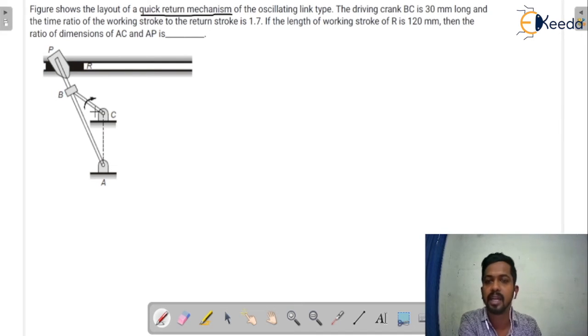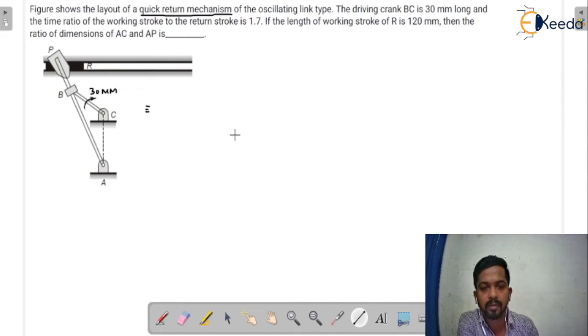Now in the question it is given that the driving crank BC is 30 mm long. This is the crank, and it is given as 30 mm. Whenever in the question you have to find the length of any link and the stroke value, just convert this diagram into a simple one. How can I draw its simple form?